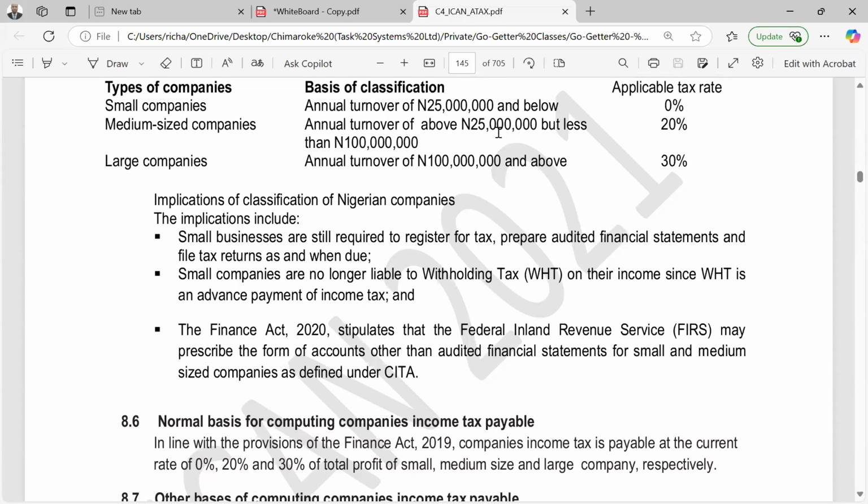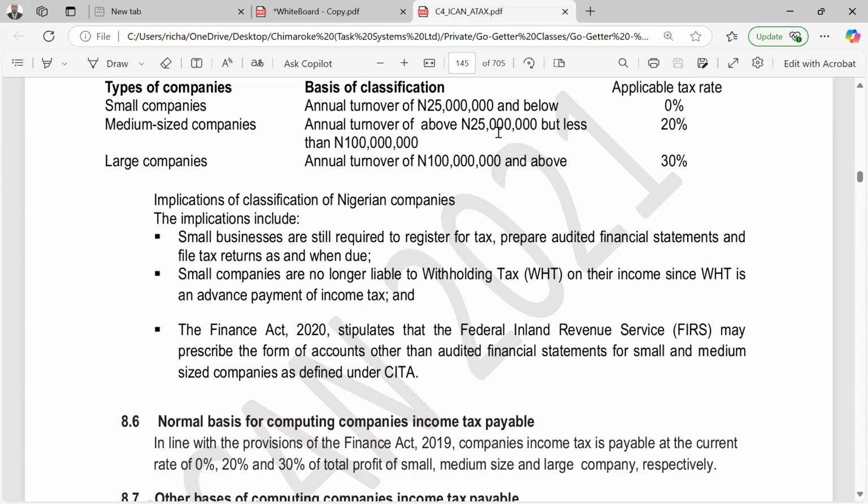So it means that you have to show proof that you are a tax compliant person and that the previous year you have not hit the 25 million mark revenue and you're not paying tax, for you to qualify to enjoy this no withholding tax on your income.